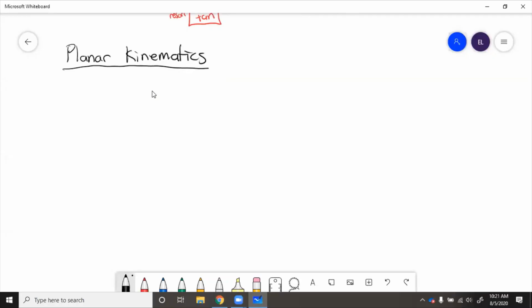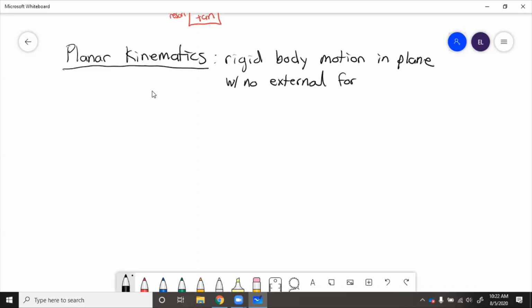Planar kinematics is motion in a plane, with, again, no external forces. So this is two-dimensional.